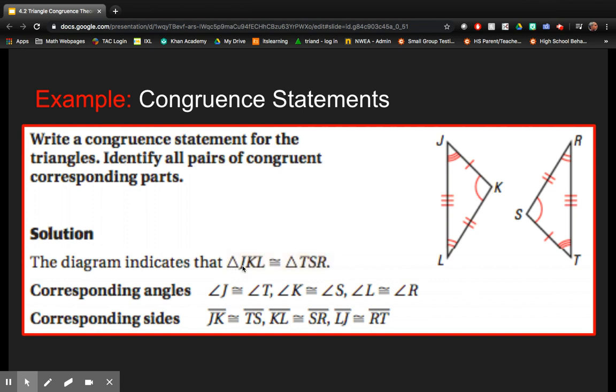So if I begin with triangle JKL, meaning I'm going from 3 markings to 1 marking to 2 markings, I just need to do the same thing in the second statement. So 3 markings to 1 marking to 2 markings would be TSR.